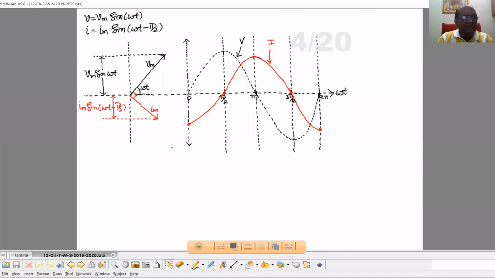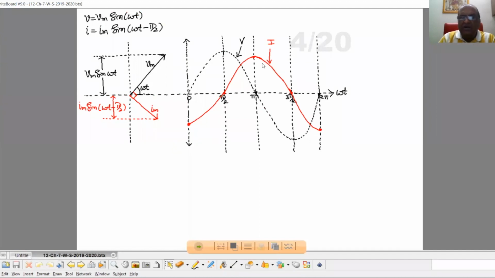So now let's prepare the voltage and current versus omega t graphs and the phasor diagrams. See, voltage is Vm sin omega t, which means the voltage graph will be a sine curve.